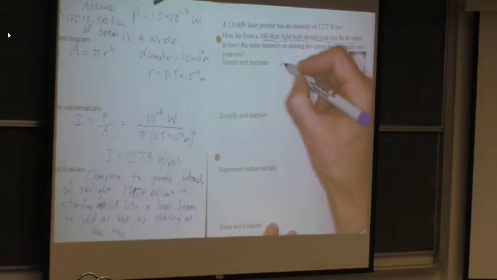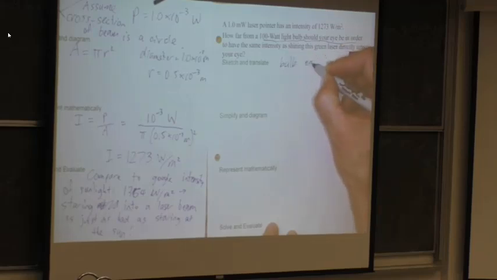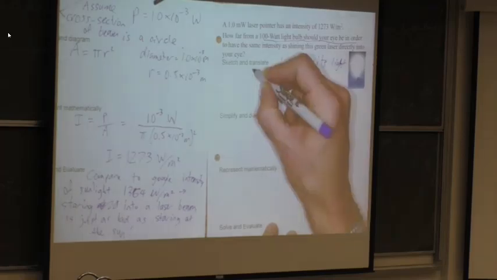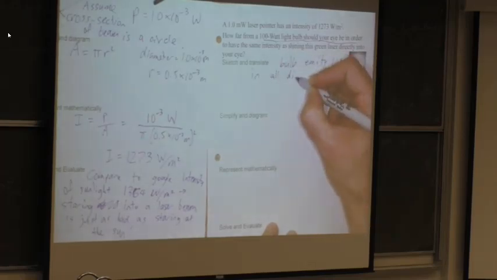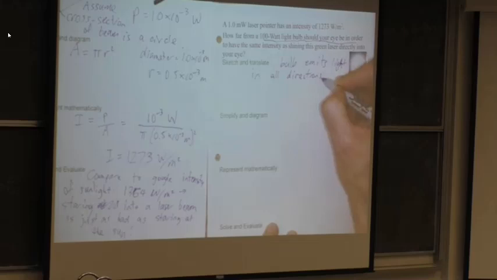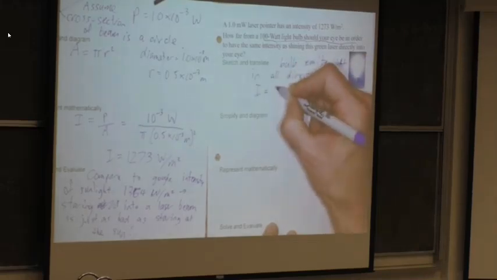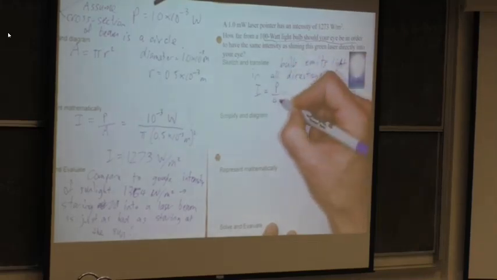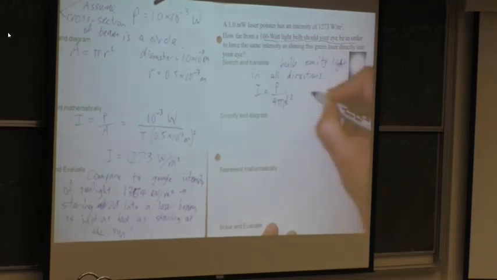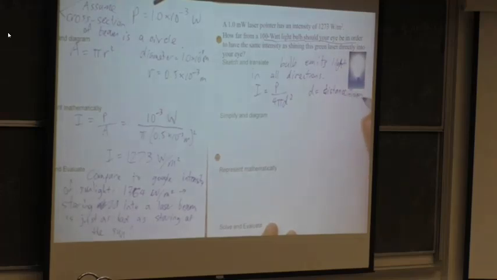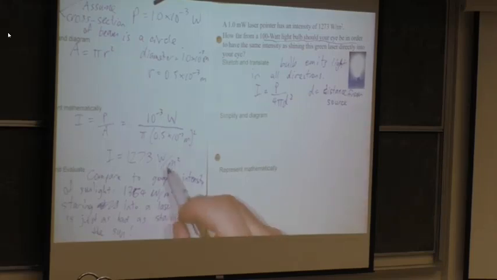The bulb emits light in all directions. And so intensity is going to be the power divided by, I'm going to call it 4 pi d squared, where d is now the distance from the source. The r squared was just talking about the beam diameter.